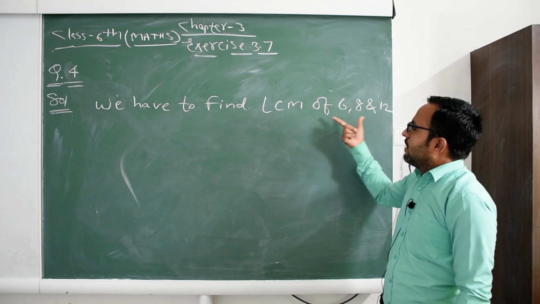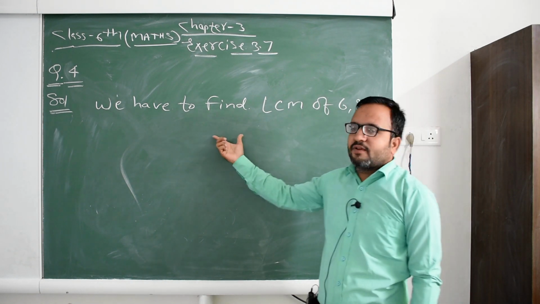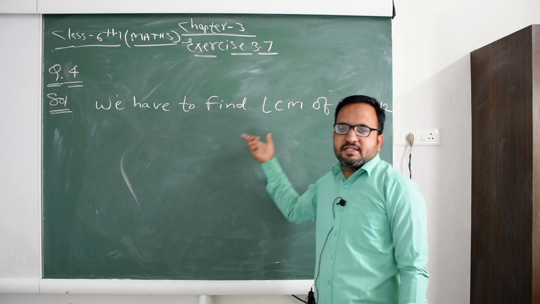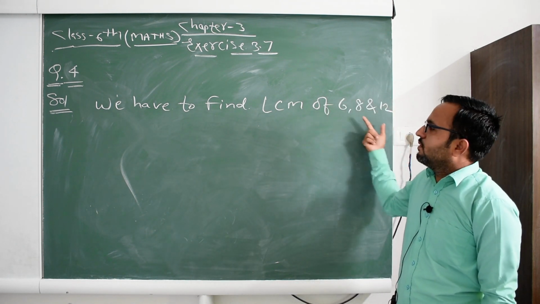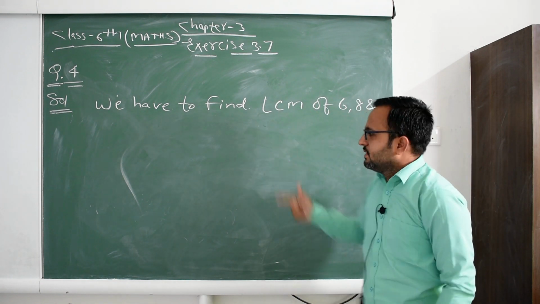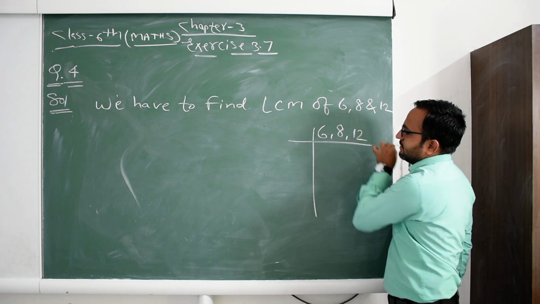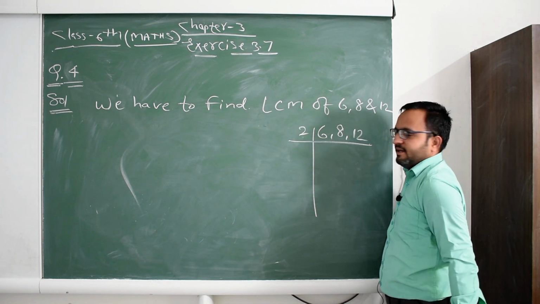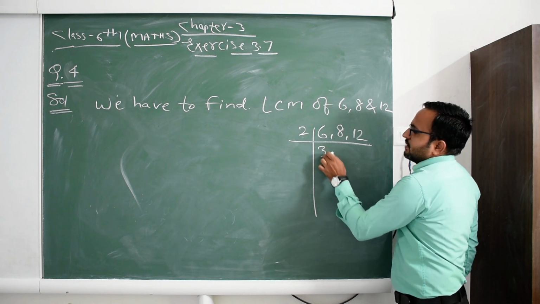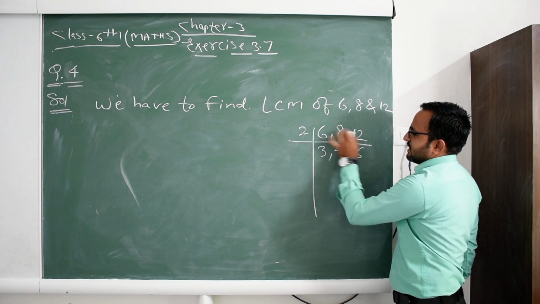We want the number which is divisible by 6, 8 and 12, so we find the LCM. Start with 2, because 2 is the smallest prime number. 3 twos are 6, 4 twos are 8 and 6 twos are 12.